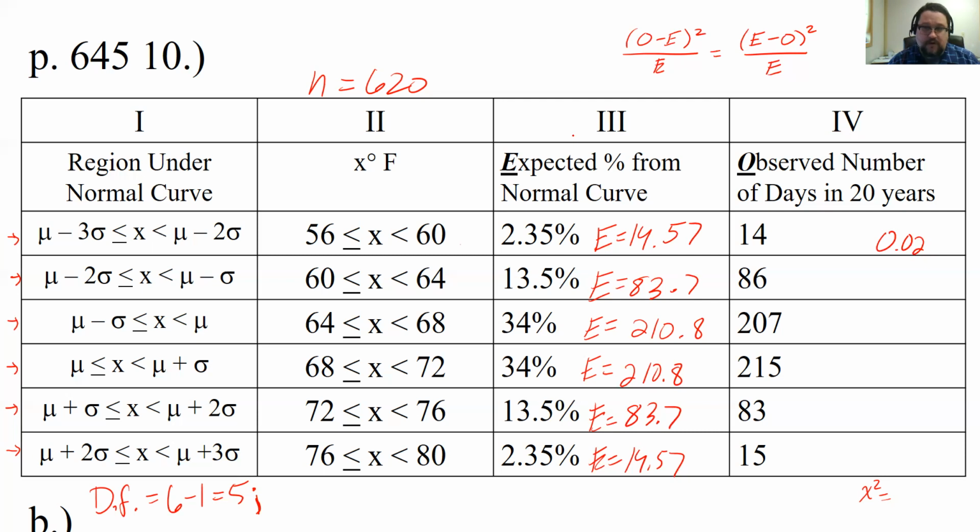Most of the time it uses 2. So I'm going to go to 2 decimal places when I calculate this. So 80 squared divided by 83.7. Looks like 0.06.